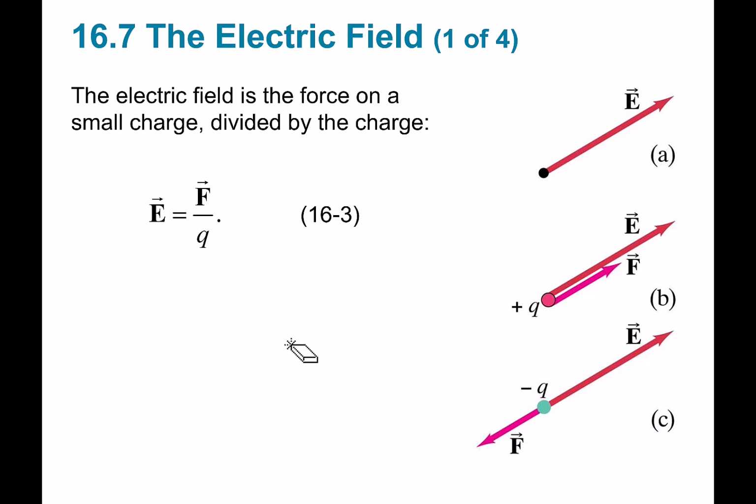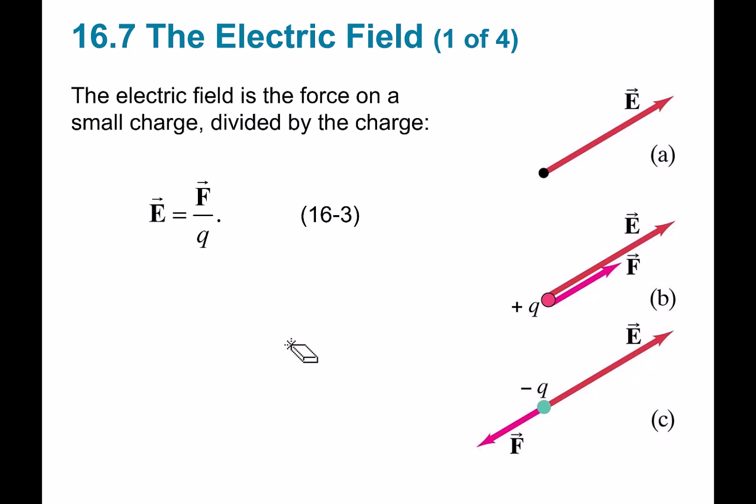So the way we describe this is we say that we can, in principle, investigate the electric field surrounding a charge or group of charges by measuring the force that a very small positive test charge, which is at rest, experiences. By a test charge, we mean a charge so small that the force it exerts does not significantly affect the charges that create the field.